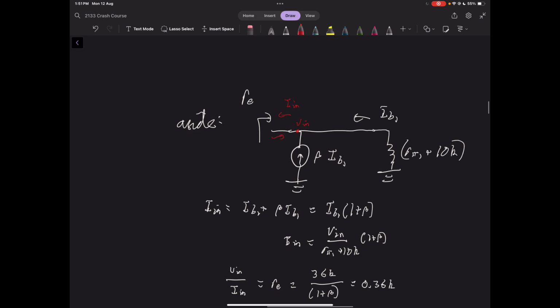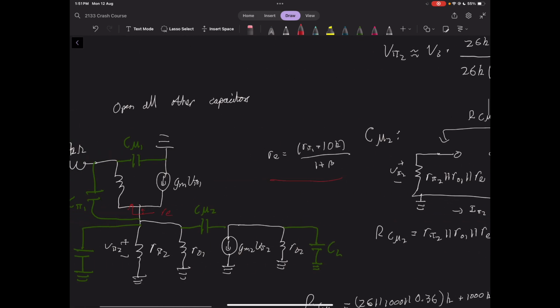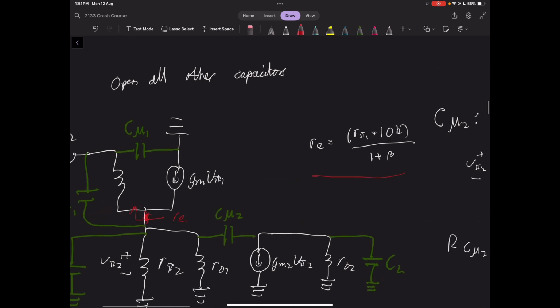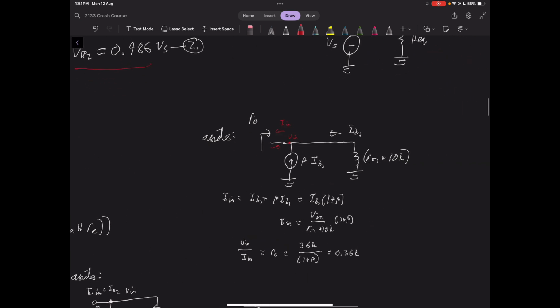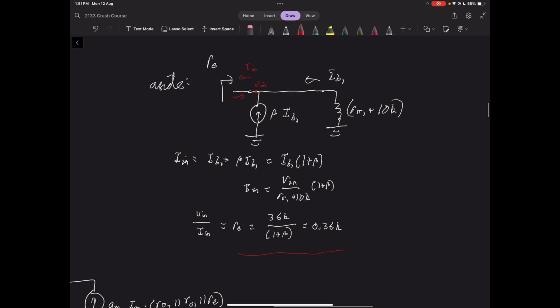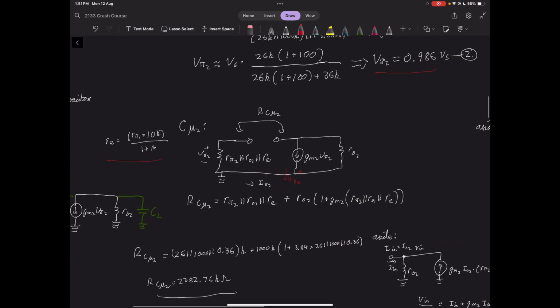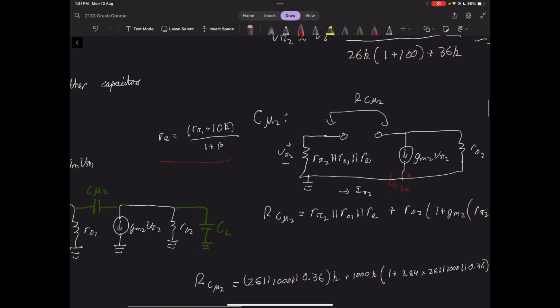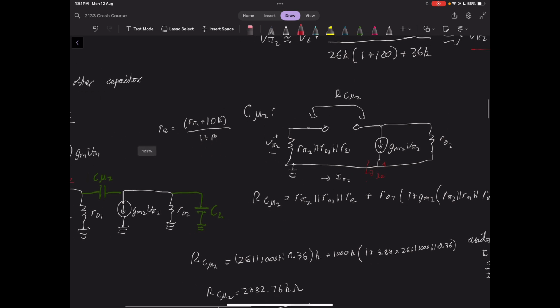This point here, this line is equivalent to this thing here. I've just redrawn it. It's very simple, similar working out to what we've done before. Beta IB, that's our IN, and this gives you an equivalent resistance value of 0.36K, and if you see RE showing up in the working out, that's how we derived it.